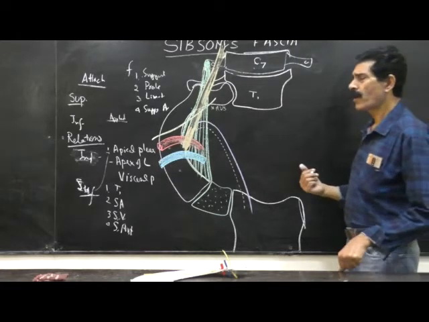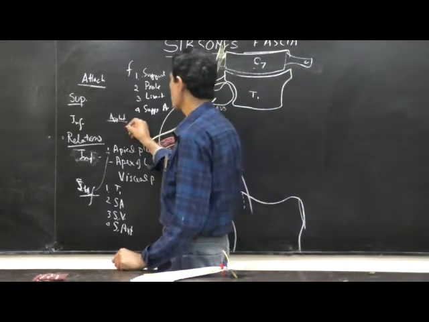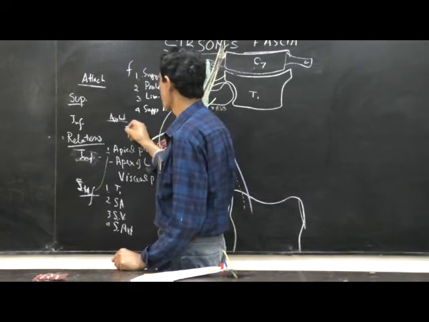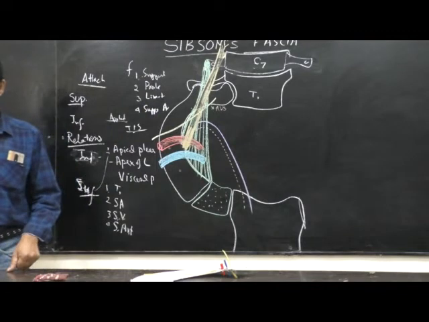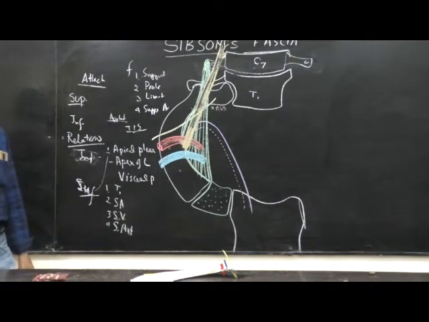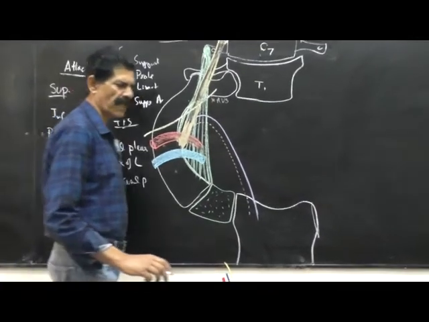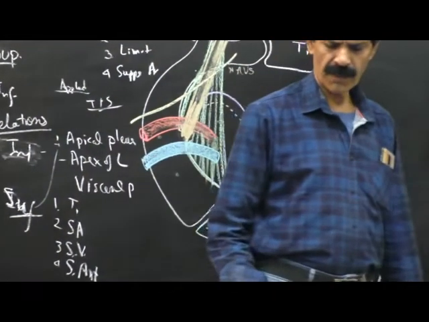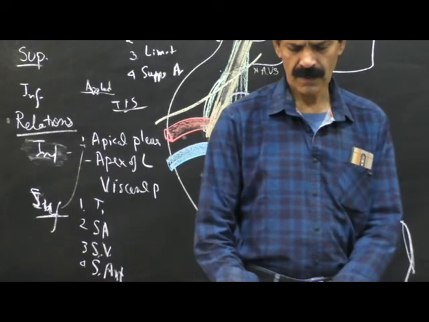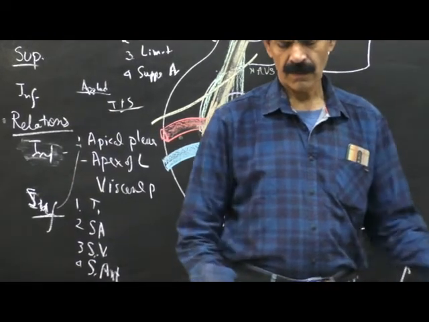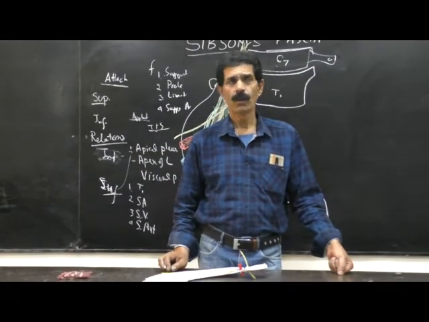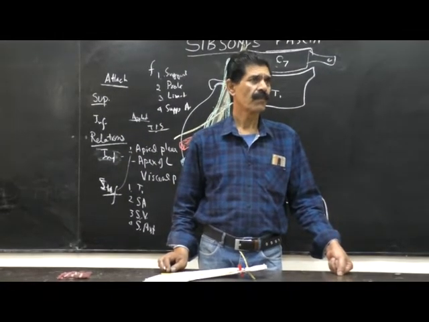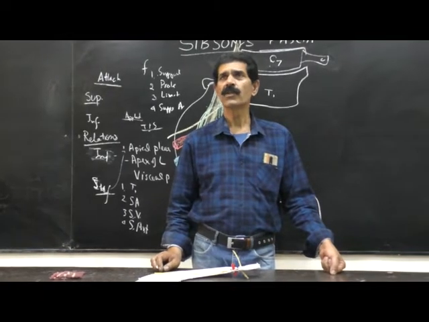Another applied anatomy related to it is the thoracic inlet syndrome. In the thoracic inlet syndrome, what happens? The Simpson fascia will prevent the overinflation of the lungs, which is possible in the thoracic inlet.